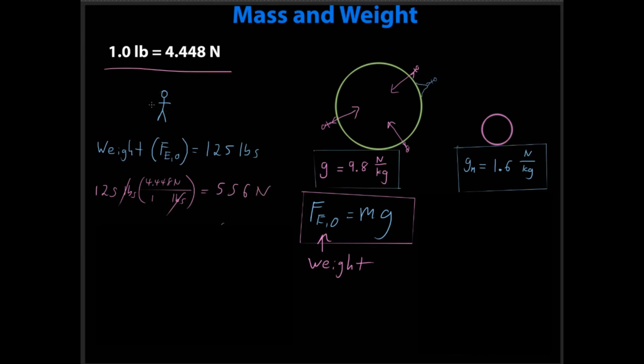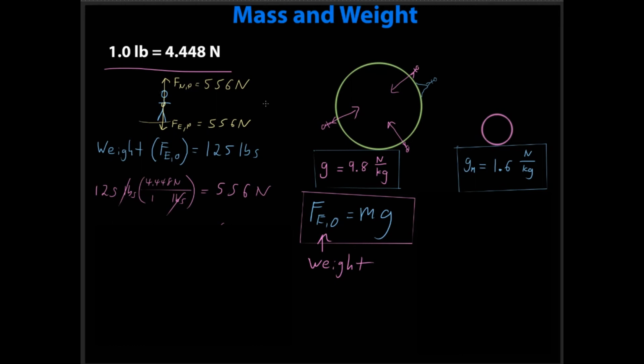So if I did a force diagram of a little person here, I would have force Earth on person is 556 newtons. If they're standing on flat level ground, then I would have force normal on person would be 556 newtons as well, if they are not going anywhere.